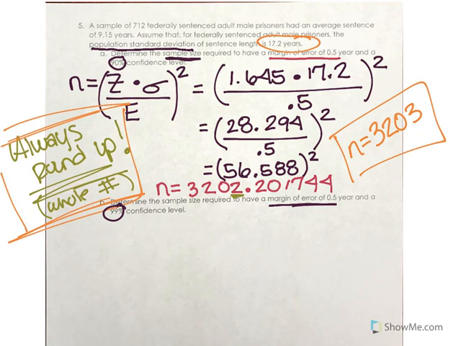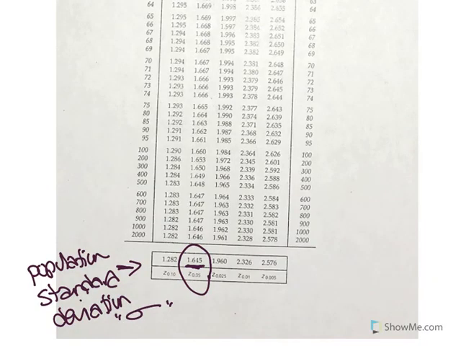So we're going to take our formula, which says we're going to take our z-score times the population standard deviation divided by the error, and we're going to square it. And so we're going to go to our table, and 99% we know would be that last number, 2.576.